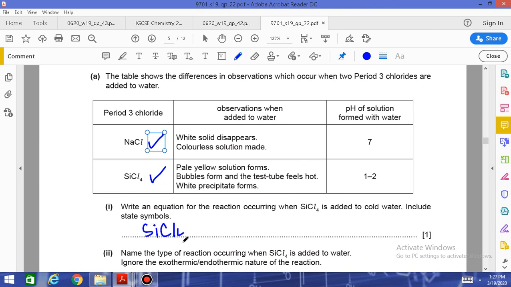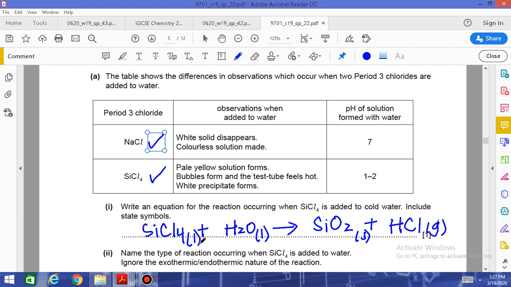Silicon tetrachloride, a liquid, is added to cold water, H2O, a liquid, to produce silicon dioxide, a solid, the white precipitate, and hydrogen chloride, a gas, the bubbles.